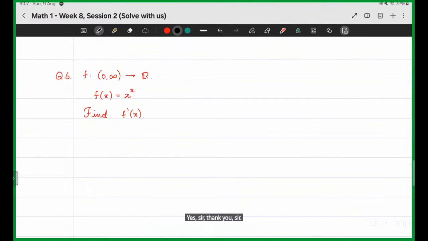So, right, question 6, try to find the derivative of x to the x. There is a standard formula: f1 of x is a to the x, then f1 prime of x is... Does anyone know what the standard formula is? x into x to the power x minus 1.